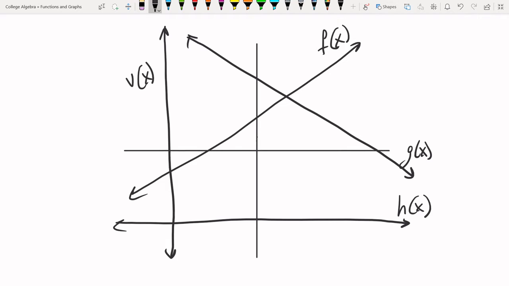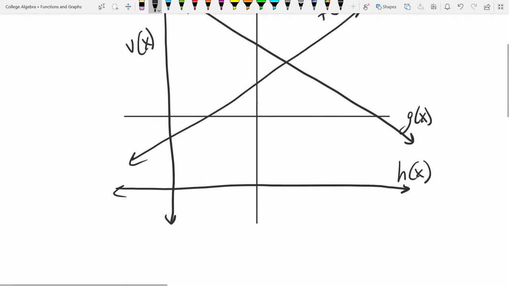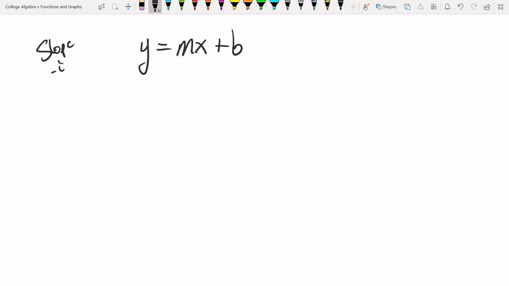There are two main forms of a linear function, the slope-intercept form and the point-slope form. The slope-intercept form looks like y equals mx plus b. This is called the slope-intercept form because the slope is in the equation and the y-intercept is in the equation.